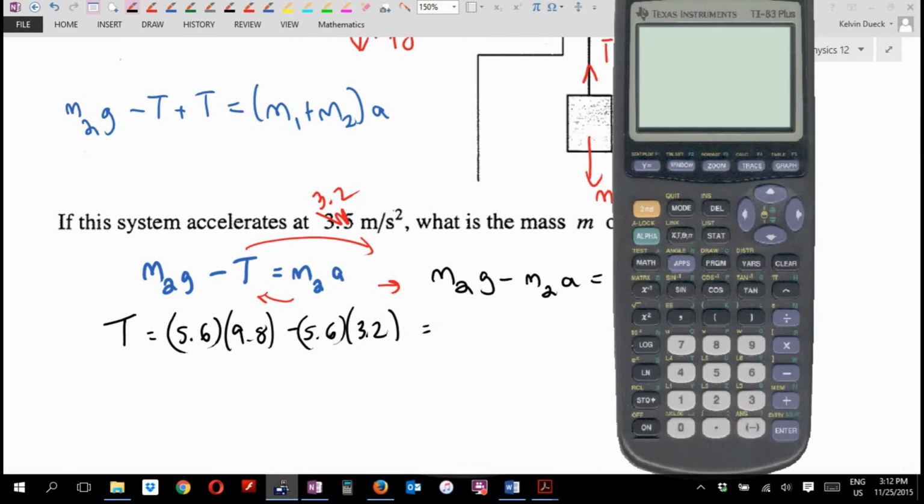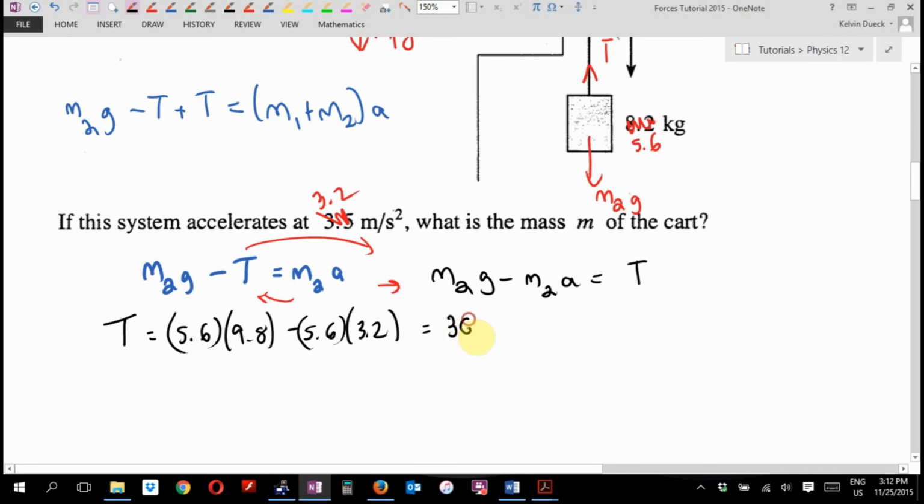The tension is 36.96. This is not my final answer. I won't round off. I'll keep everything. I'll write 36.96 newtons.